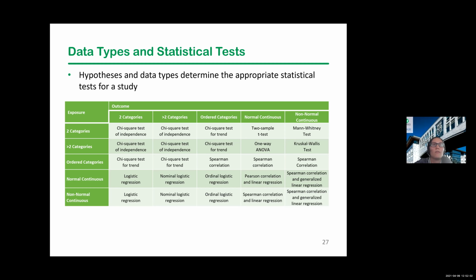Whereas if we have a normal continuous exposure and a non-normal continuous outcome, for instance, glucose somehow predicting length of stay, which would be non-normal, we'd have to use more complicated modeling, like a generalized linear regression. Also, when we get into repeated measures, or multiple visits, we have to use more complex modeling.